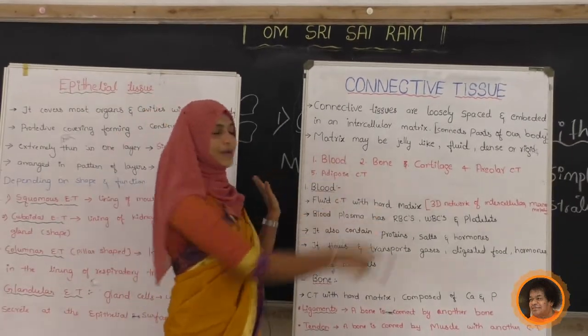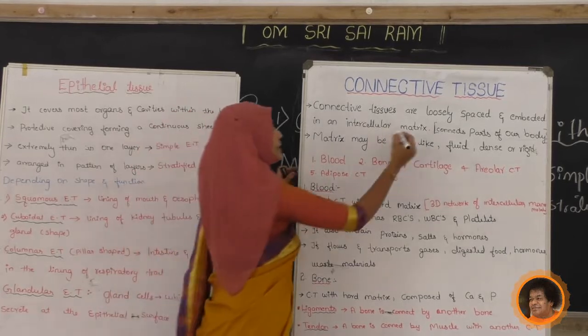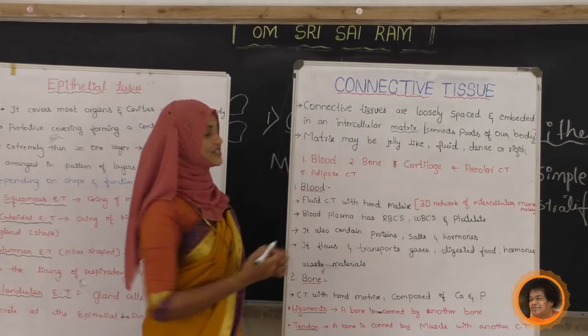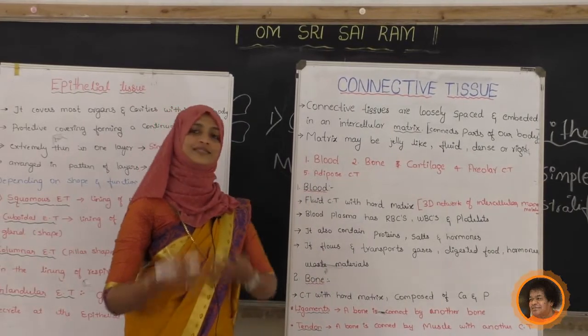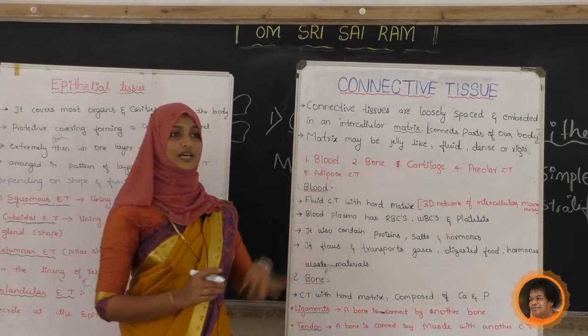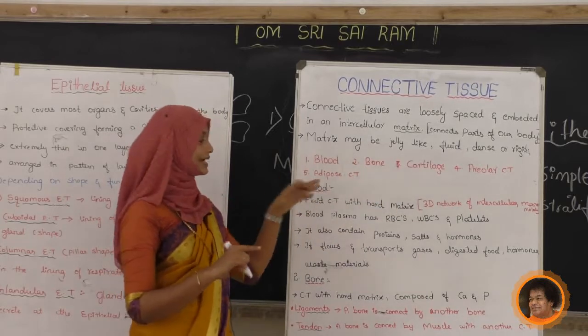The cells are loosely spaced, embedded in an intercellular matrix. This is the important point, students: the matrix. The matrix may be jelly-like, fluid, dense or rigid. Next, the five types are blood, bone, cartilage, areolar and adipose.